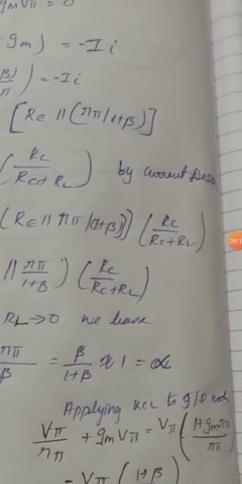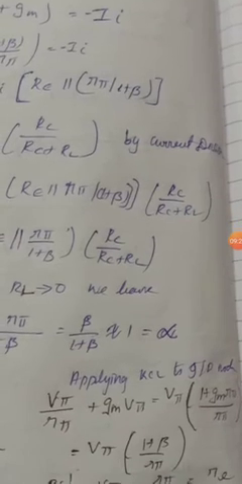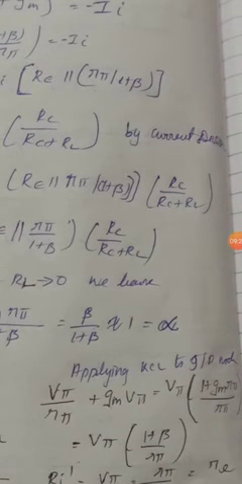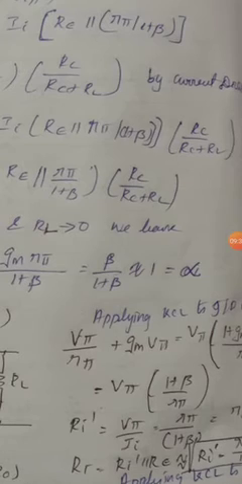So V pi by R pi plus GM V pi equals V pi into 1 plus GM R pi divided by R pi. Taking V pi as common, this will be equal to V pi divided by 1 plus beta by R pi. So our Ri dash can be given as V pi by II.